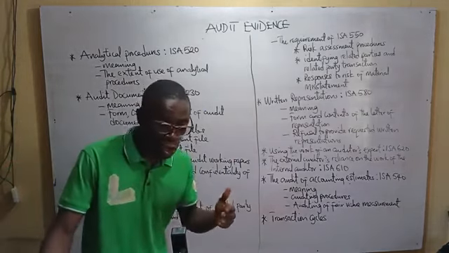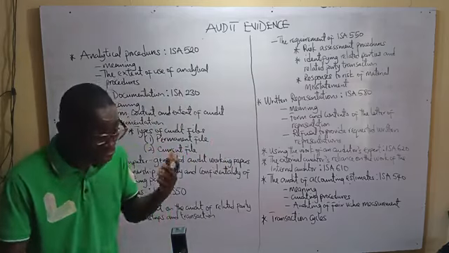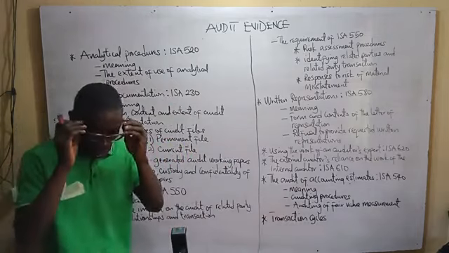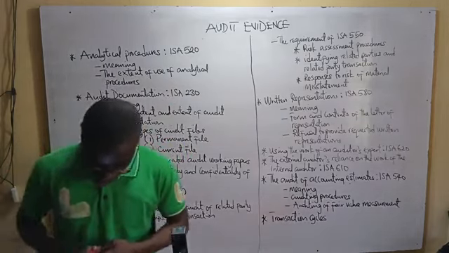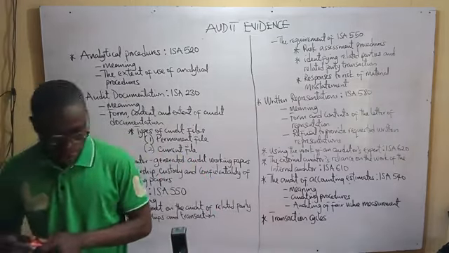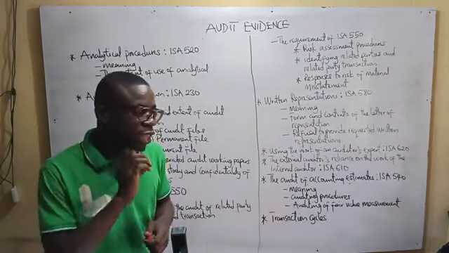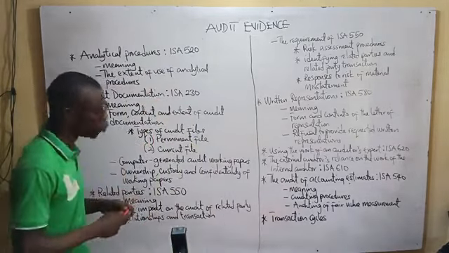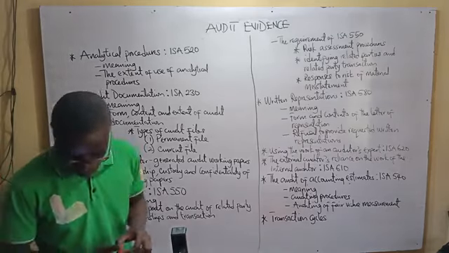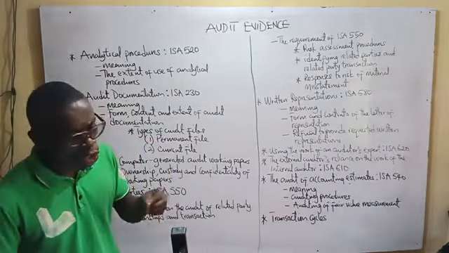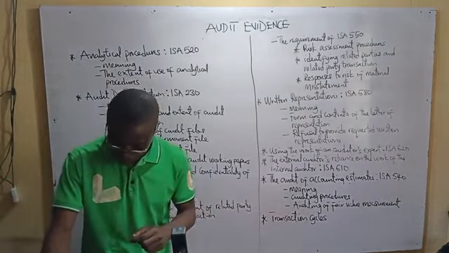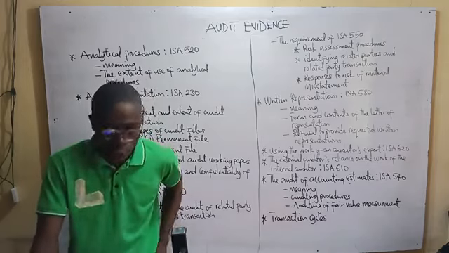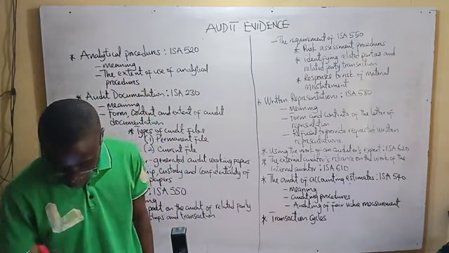Because analytical procedure is actually one of the ways of generating audit evidence. So the auditor needs to consider some factors that will determine the extent to which you can use analytical procedure. One of the factors is that the auditor is required to determine the suitability of the particular analytical procedure.